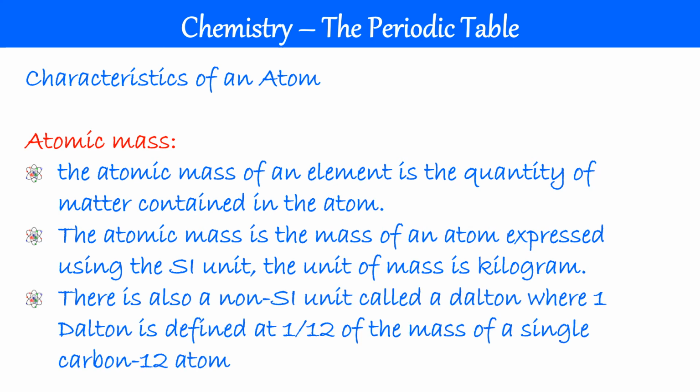We can also use a non-SI unit called a Dalton. 1 Dalton is defined as 1/12 of the mass of a single carbon-12 atom. Remember, this information is given on the periodic table.